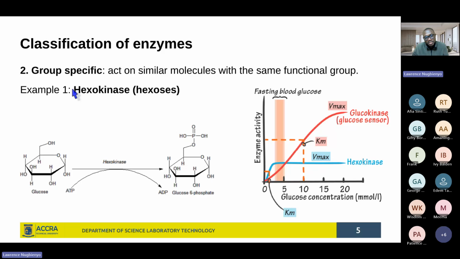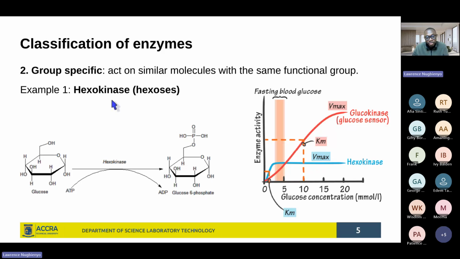Group specificity, we saw earlier, means that an enzyme is acting on molecules with similarity in some functional group. So the enzyme we are seeing here is hexokinase. Hexokinase is acting on hexoses.